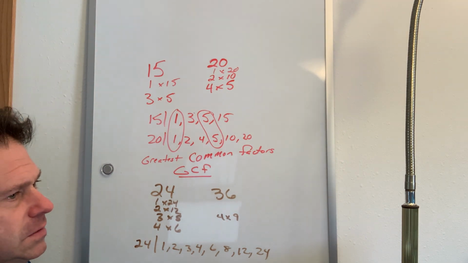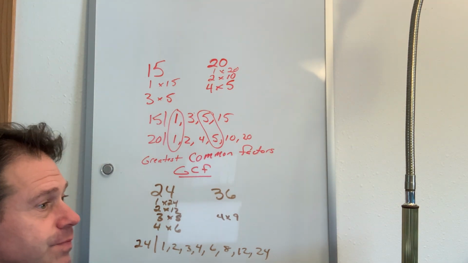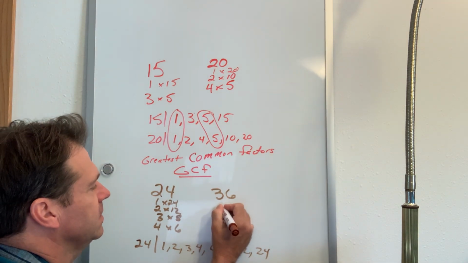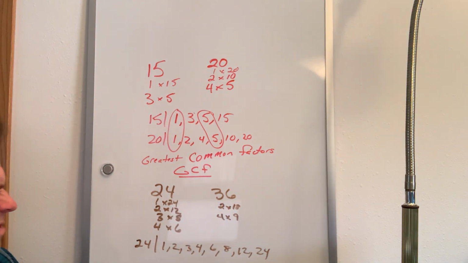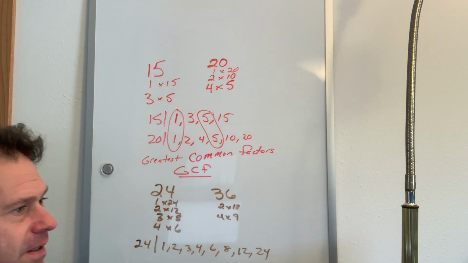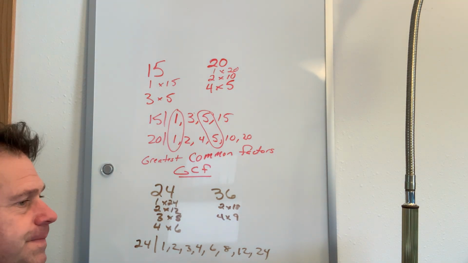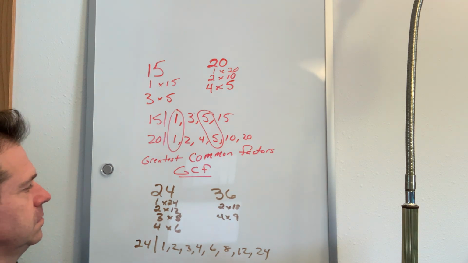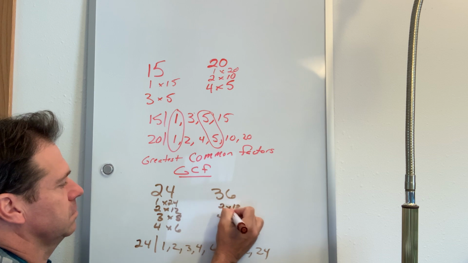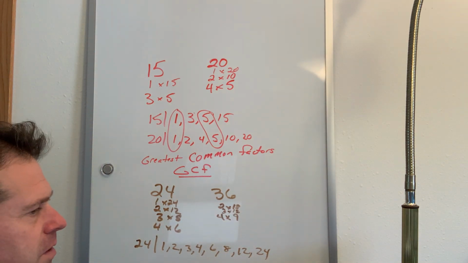Another one. Ava. 2 times 18. Very good. Hope we can see that. And another one. Ezra. 3 times 12. And another one.